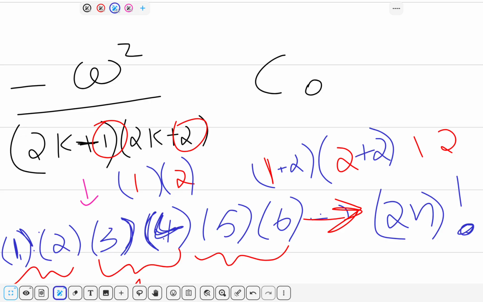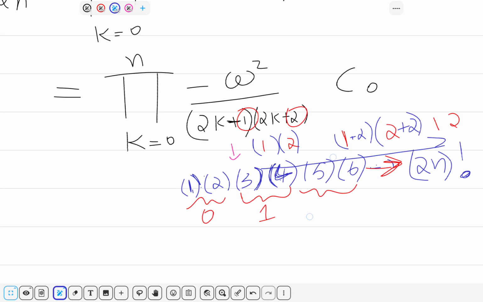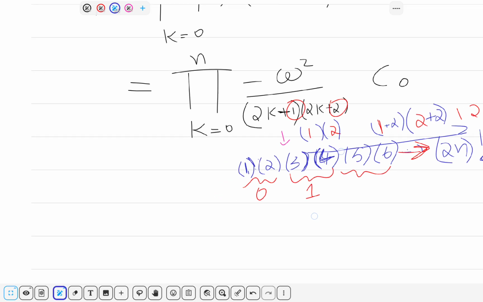And somehow every time you are jumping 2 steps, you are having a continuity, like 1 2 3 4 5 6, right? So okay, whatever it is.